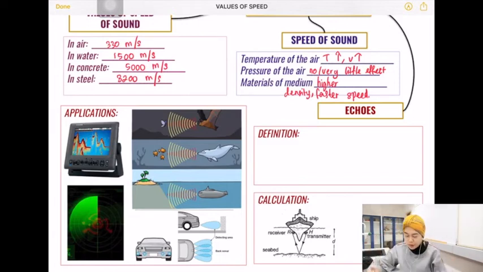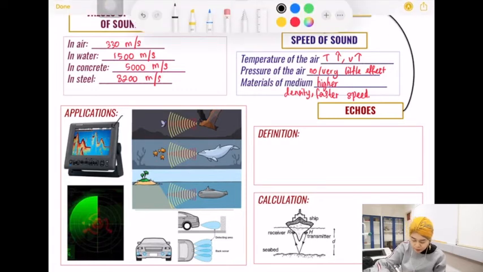All right. Now we'll be looking at the application of the speed of sound. What we've got here is a few pictures. The first one here is the ultrasound. Ultrasound imaging is what you use to create an image of how the baby is, or how your internal organs look.